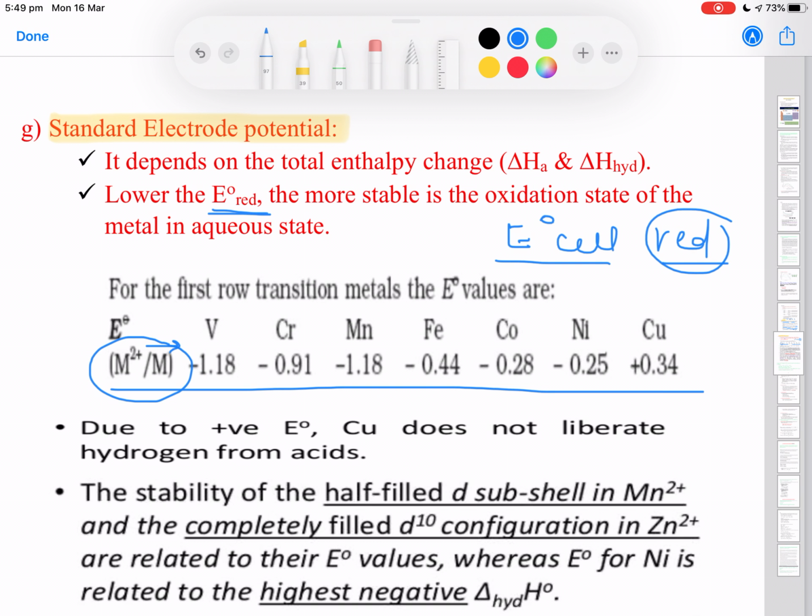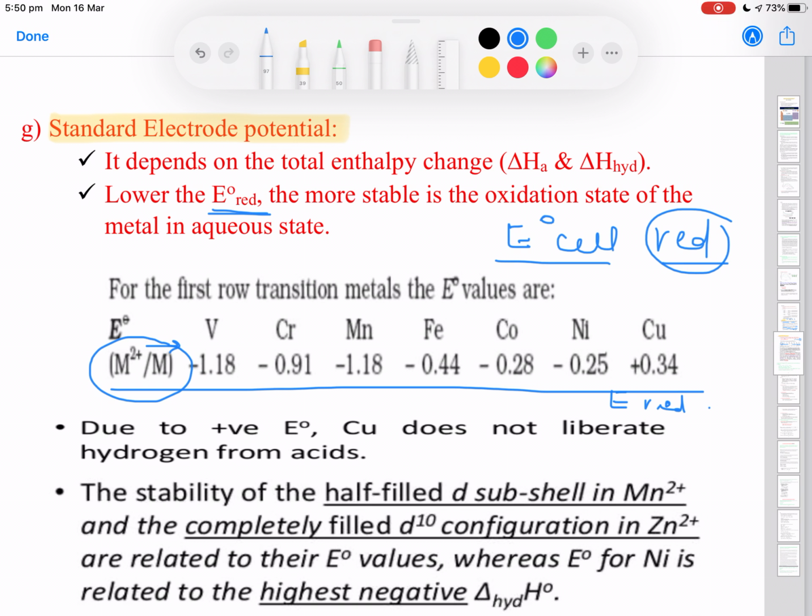So it's a reduction because the decrease in the charge means reduction. The increase in the charge means oxidation. So all these potentials given to me here in this data which is there in front of me, it's reduction potential. First thing is that to read whether it is reduction or oxidation.